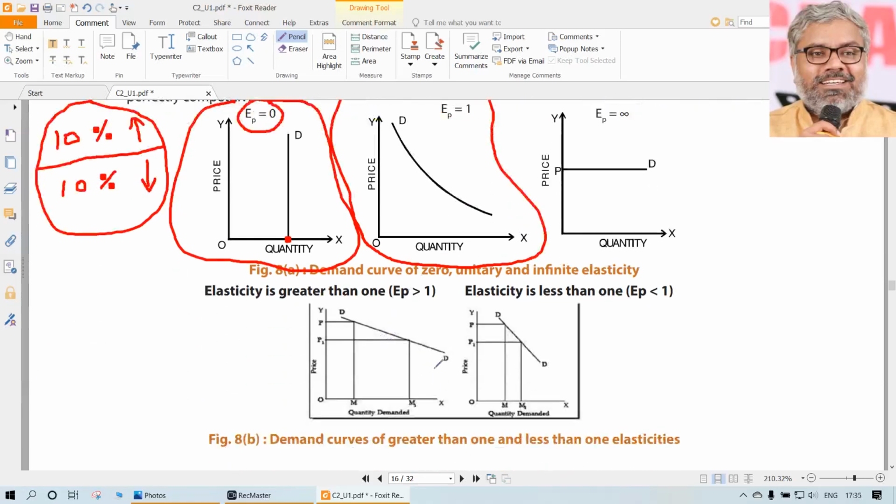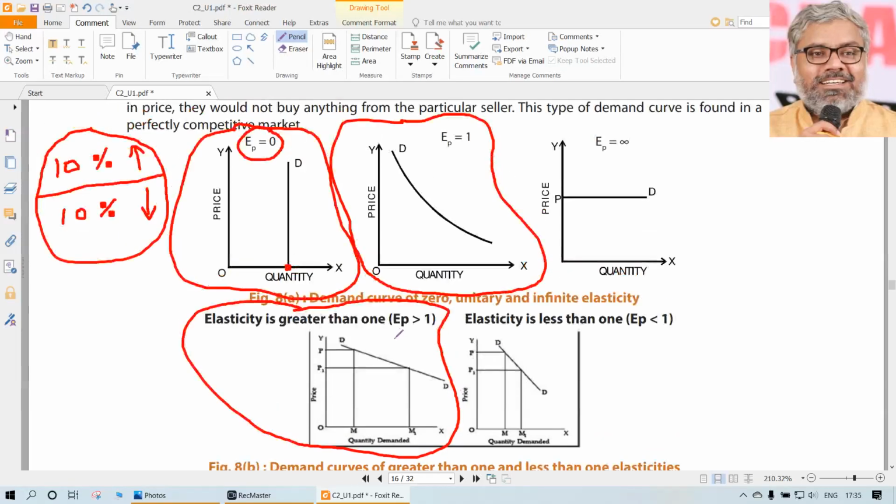So what if the elasticity is greater than 1? That is another possibility. If it is greater than 1, that means the percentage change in quantity demanded, which is in the numerator, is more than the denominator, right? Then only the resultant will be greater than 1. That we should basically understand. So the numerator is the percentage change in quantity demanded.